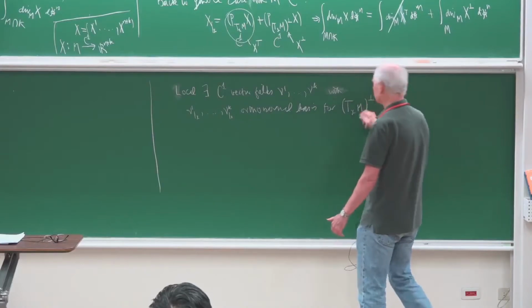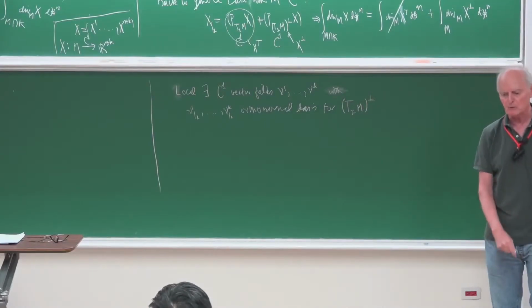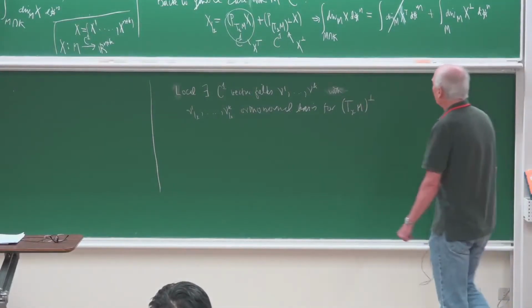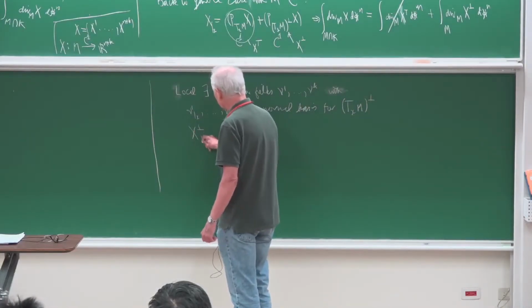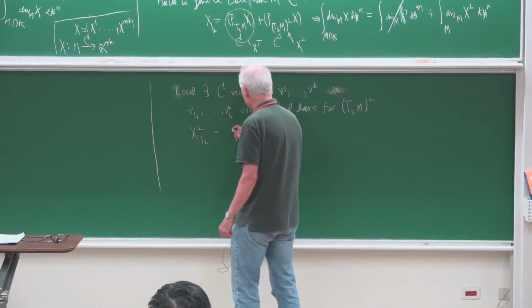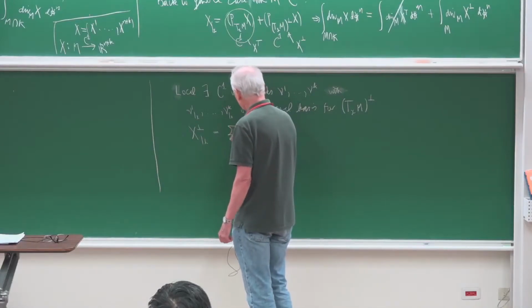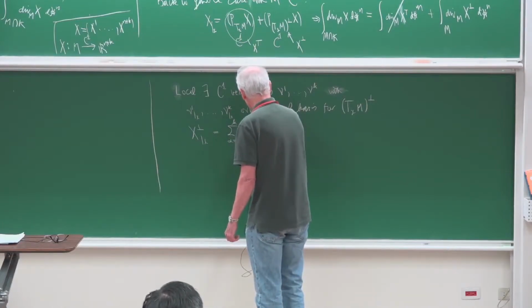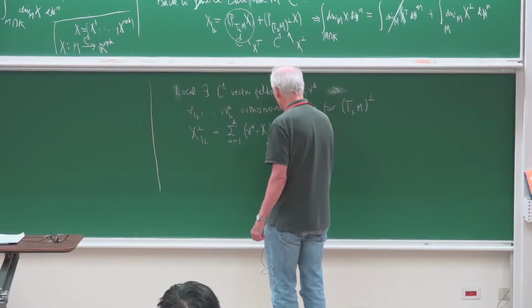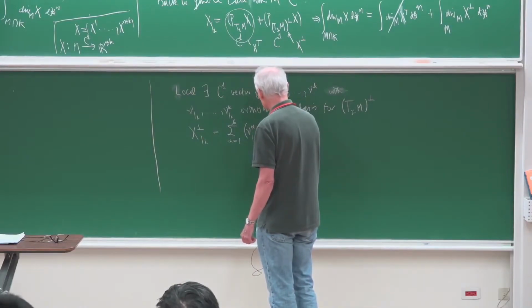Remember, we talked about that when we were discussing the second fundamental form. And that means we can explicitly work out x_perp. X_perp at x is just the sum, alpha equals 1 up to k, of nu_alpha dotted with x times nu_alpha, all evaluated at x.